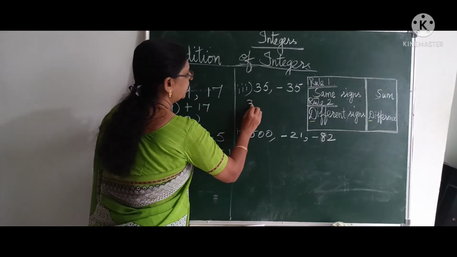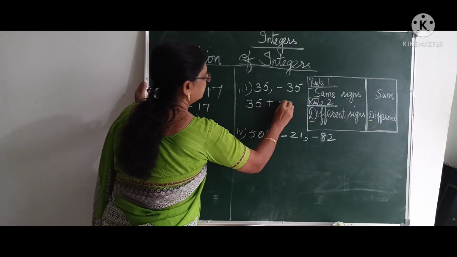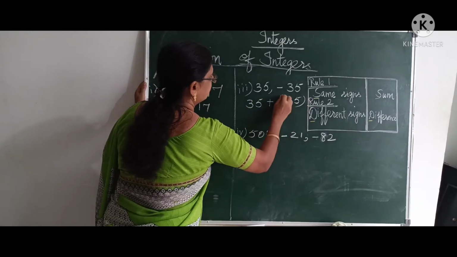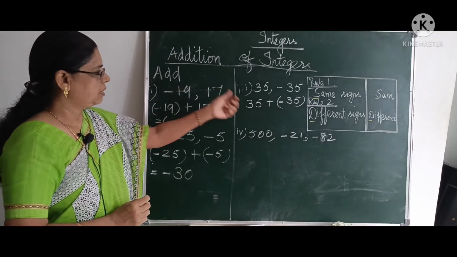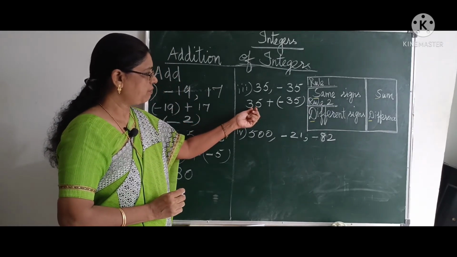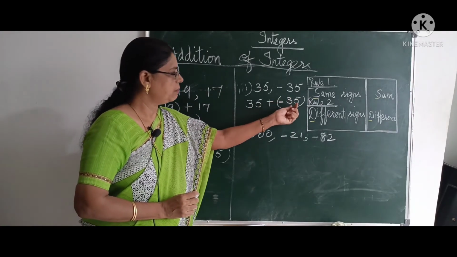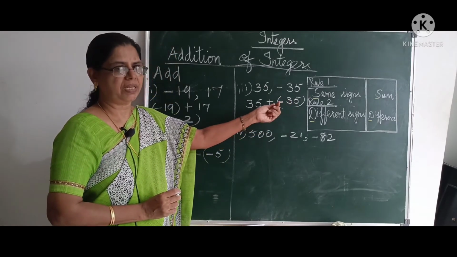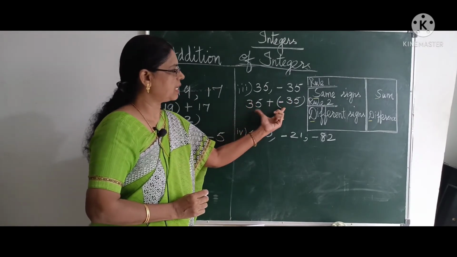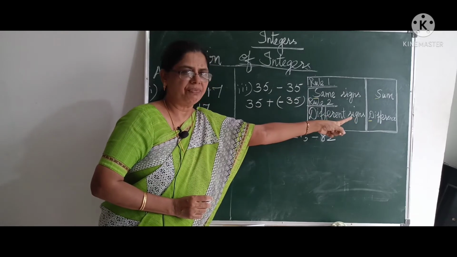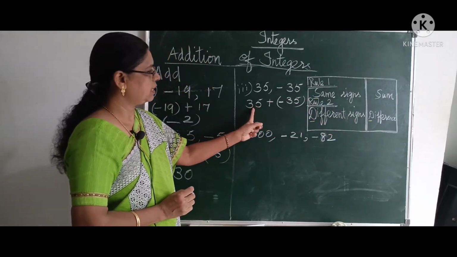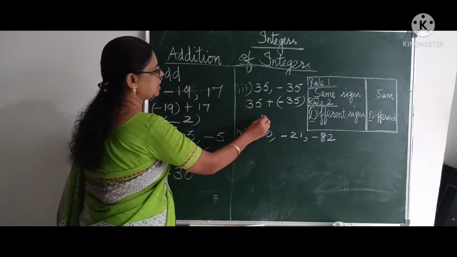Next, 35 plus minus 35. Here, 35 is a positive integer, minus 35 is a negative integer. So, both have different signs. You have to find out the difference. Difference between 35 and 35 is 0.